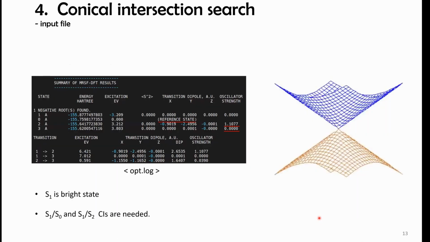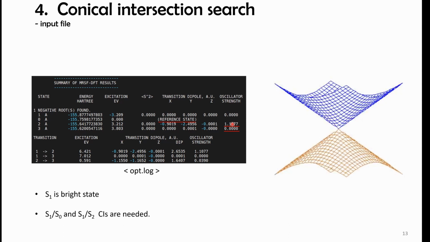The next step is the conical intersection search. From the optimization calculation, we remember the S1 state has a big oscillator strength, which means it's a bright state.